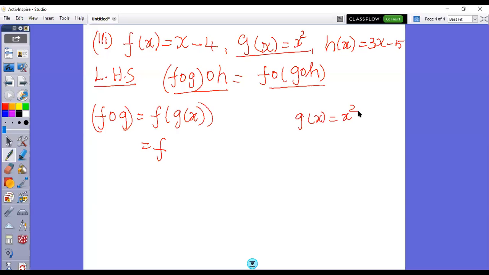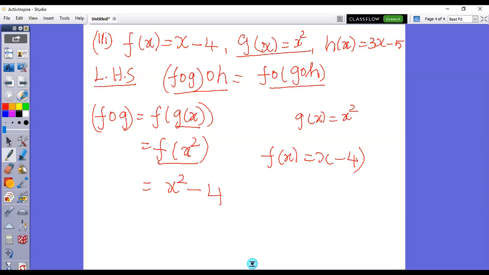So let us substitute G of x as x square. Then F of x square. F of x equal to x minus 4. So substitute the x value: x square minus 4.